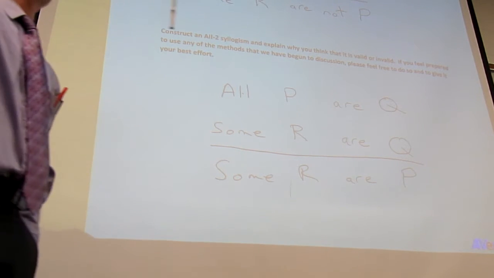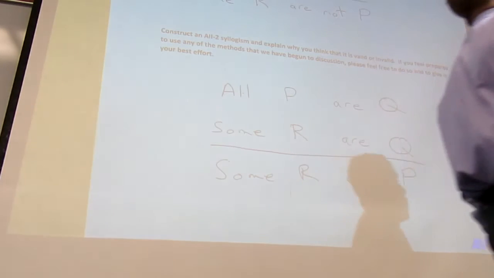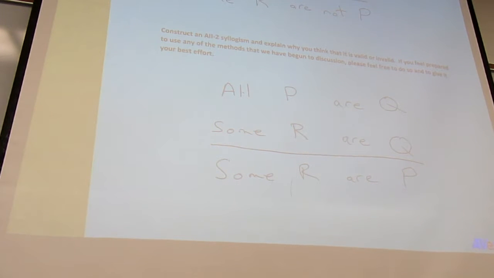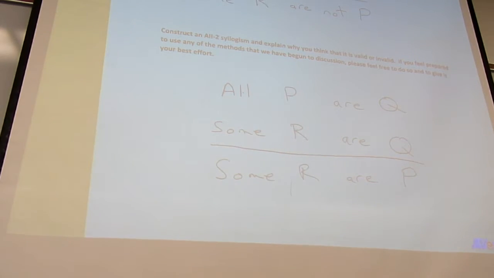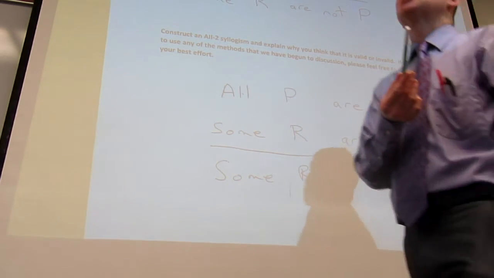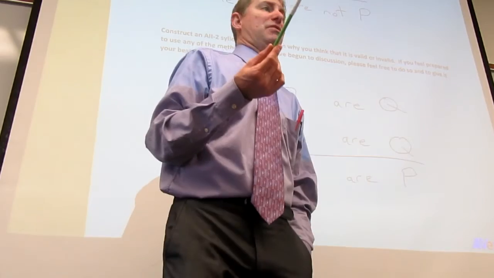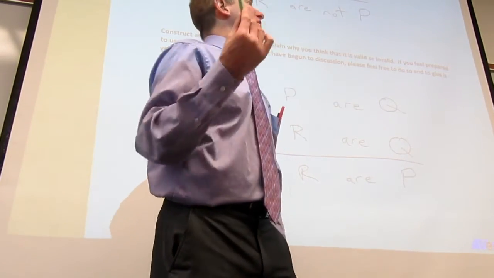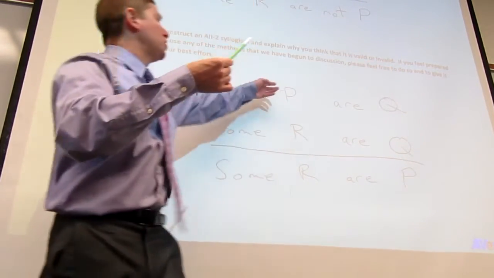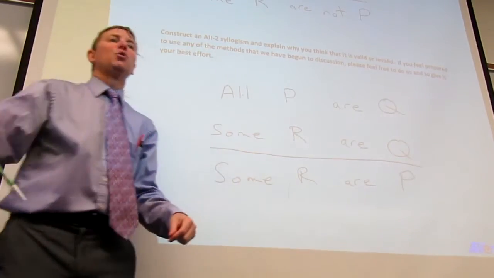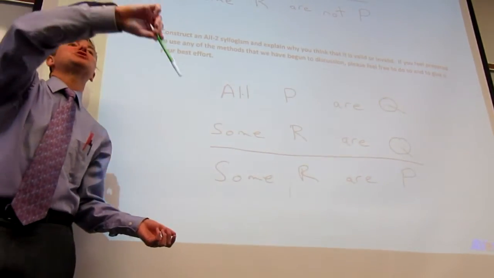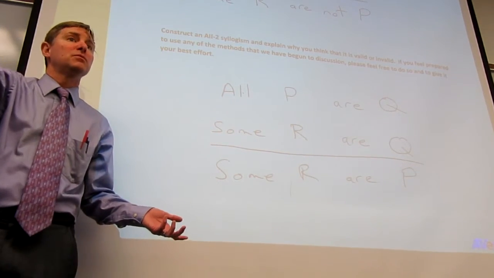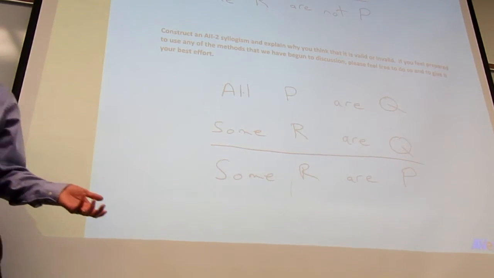That method for determining invalidity is what the professionals call the counterexample method. It would be just as convenient to call it a substitution method, because that's in effect what you do. You substitute for these letters actual content that makes the premises true, and then you see if the conclusion is true or if it's false.